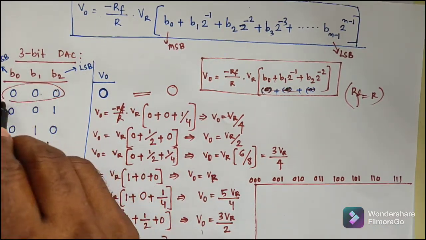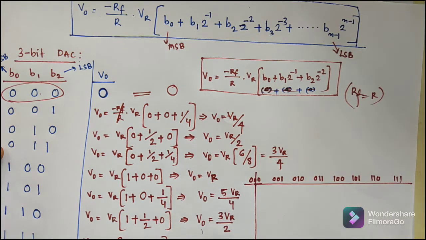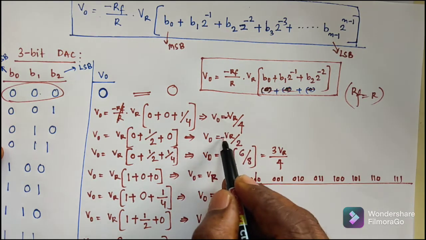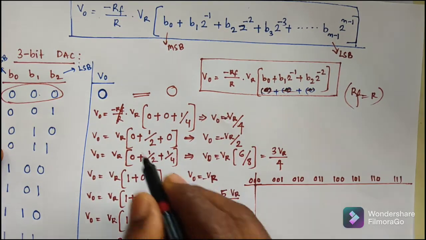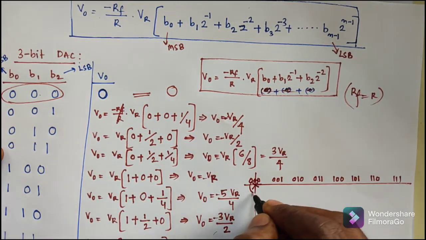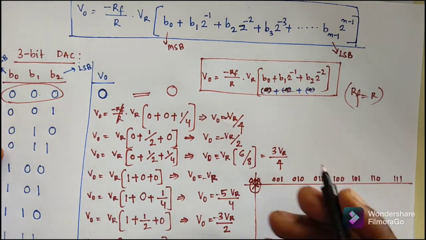For all cases inputs are 0. On the x-axis this one is input, on the y-axis this one is output. All the values are in terms of negative, because the function is a negative term. First case, if you have all 0 you will get 0. If 0 0 1 you are getting minus VR by 4.